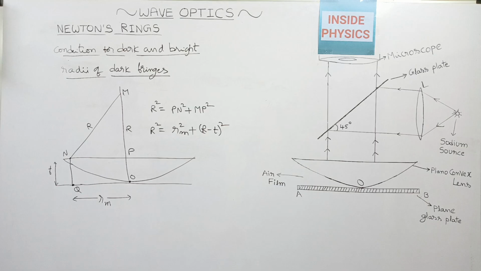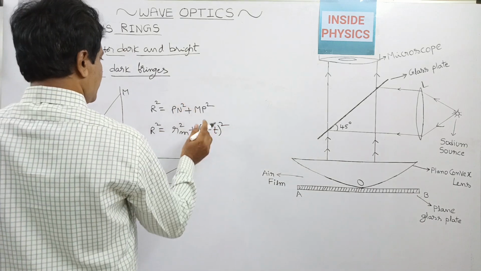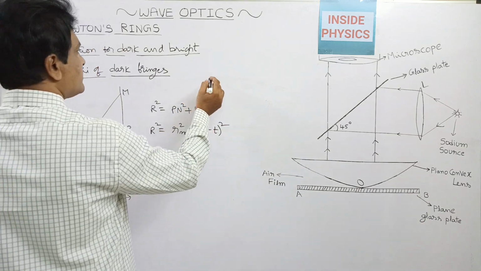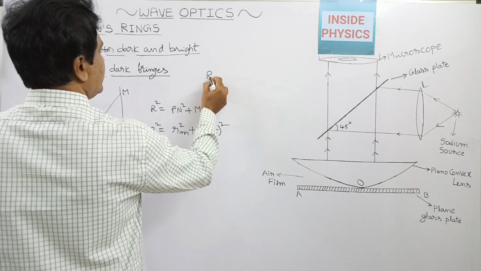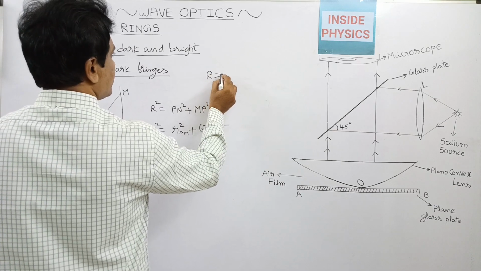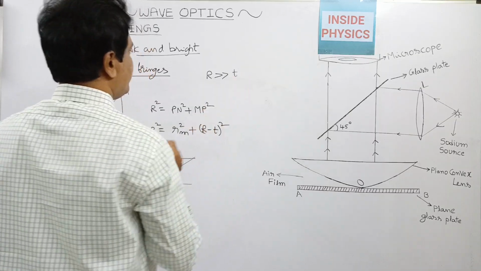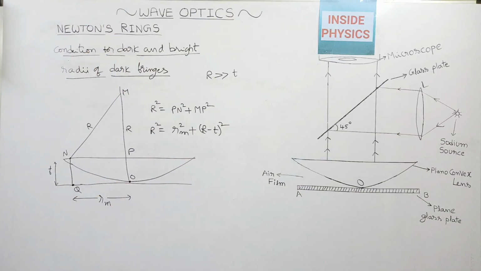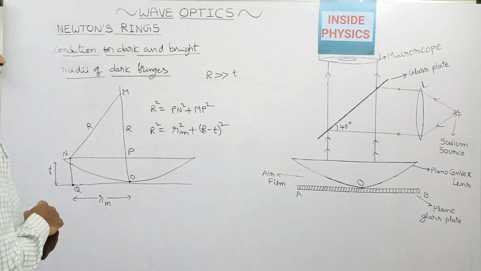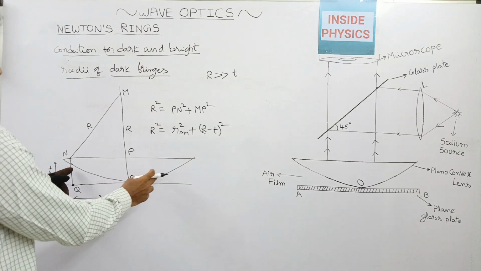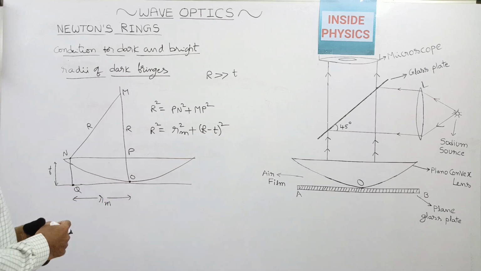So here, the radius of curvature is far greater than the thickness of the air film, because we have taken the convex lens of very large radius of curvature.